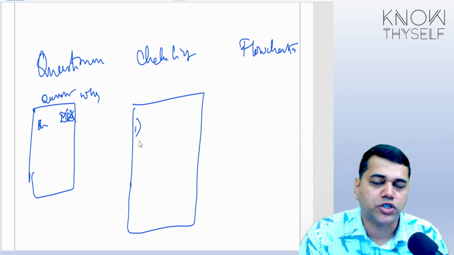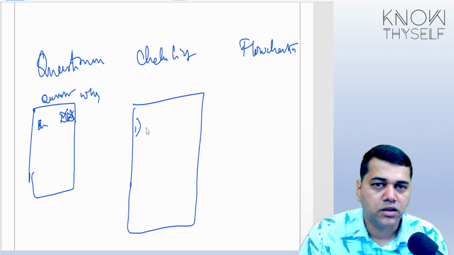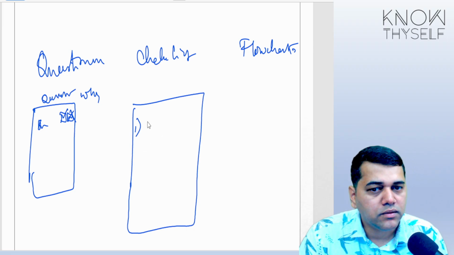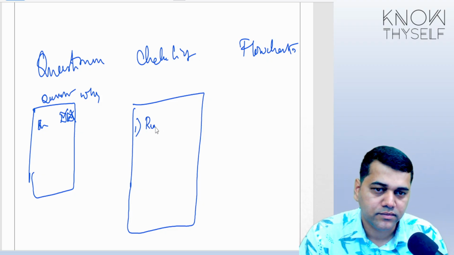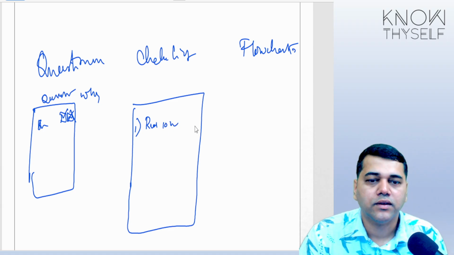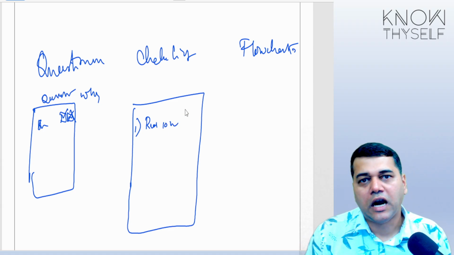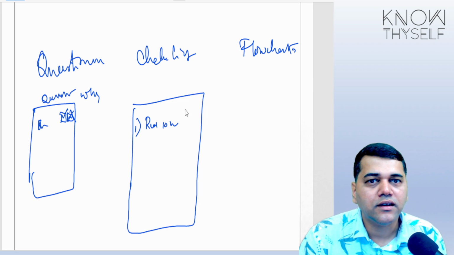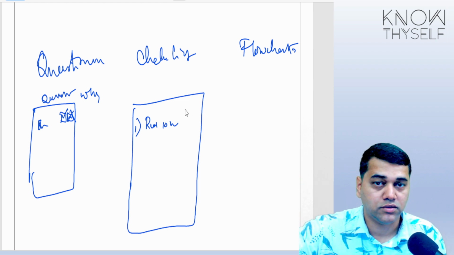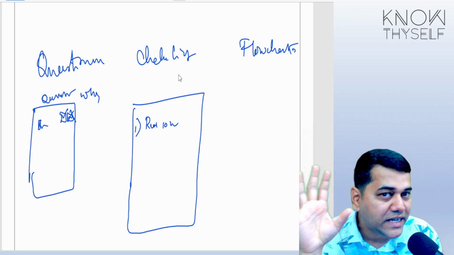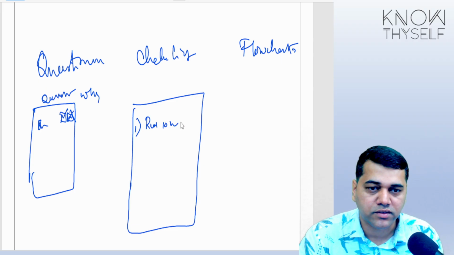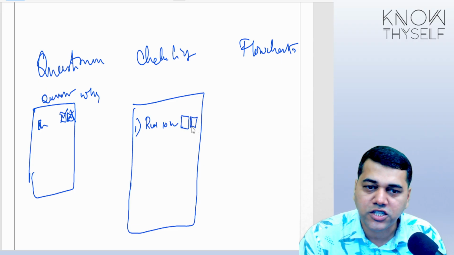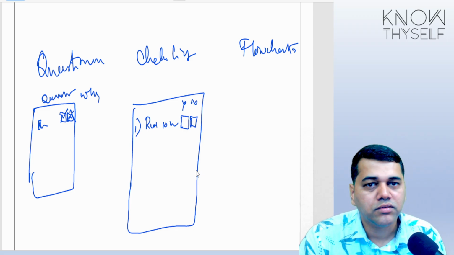Question number 1: do you read, say, 10 hours per day? If I ask how many hours you read in a day, it becomes a very subjective question. Instead, I ask: do you read 10 hours per day? Because my standard is, say, 10 hours. So you don't have any other choice but to say yes or no.